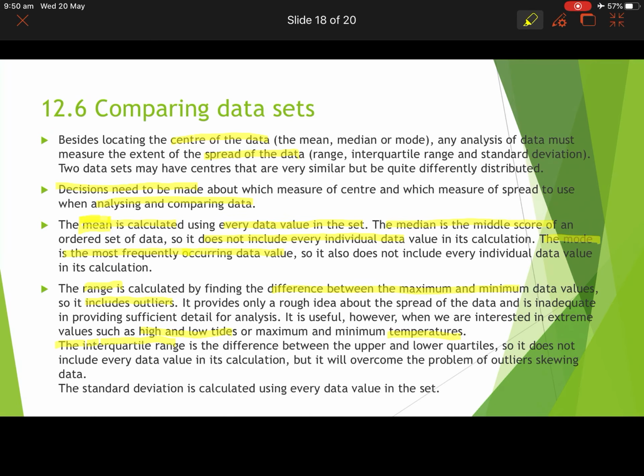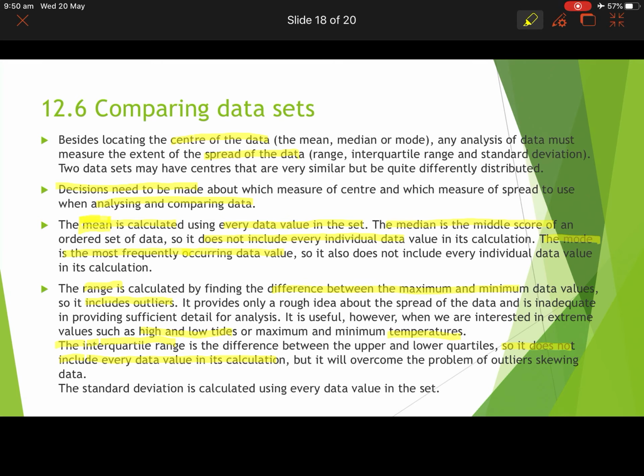The interquartile range is the difference between the upper and lower quartiles, so you get a better idea of that middle 50% of your data. That's probably a better one, but again, you don't include every data value in the calculation, so it does have a problem with outliers skewing the data.